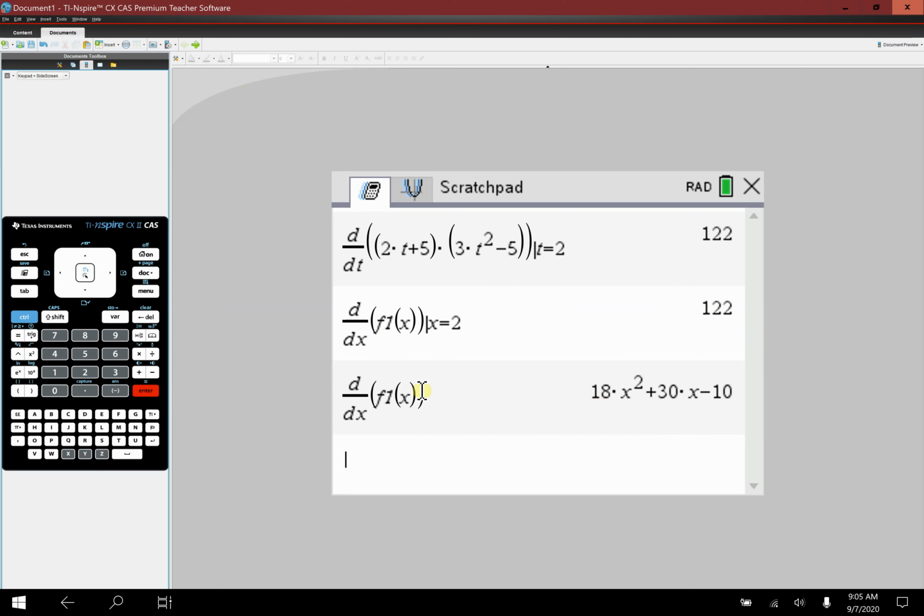So what this gives us then is a nice way to check our derivative. But before those of you that don't have a CAS are dismayed about your choice in calculator, it's fine. The AP exam, of course, knows that CAS calculators are out there.